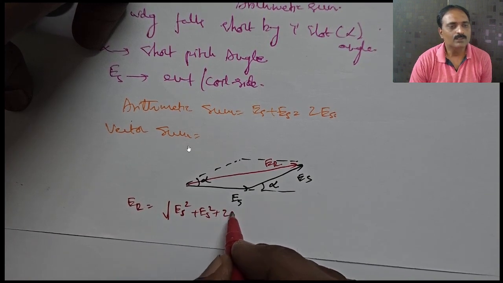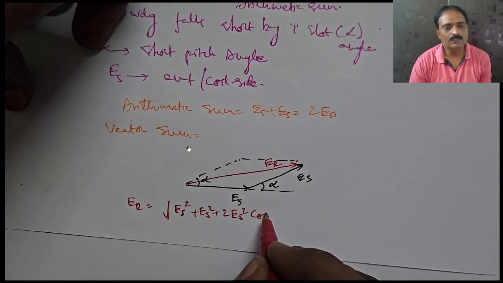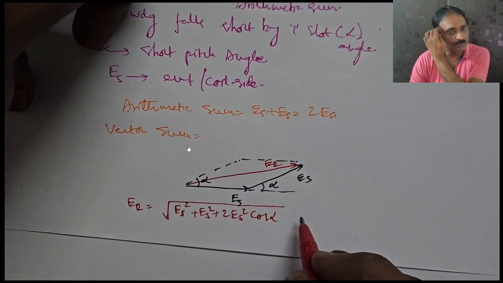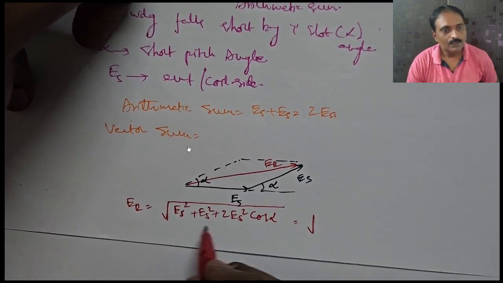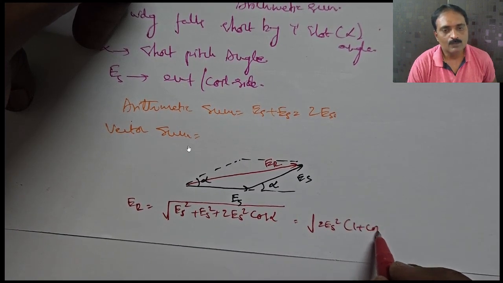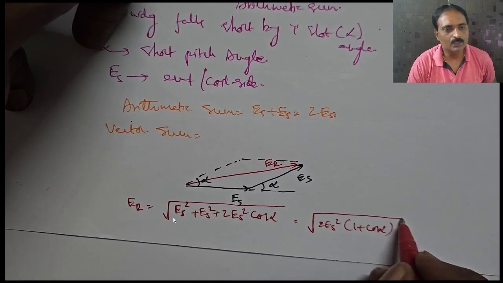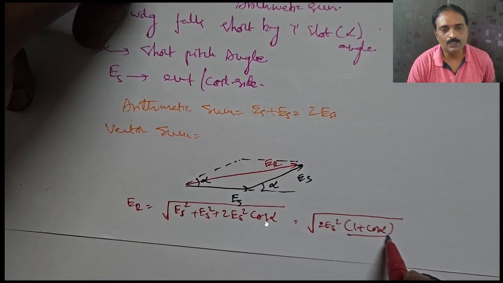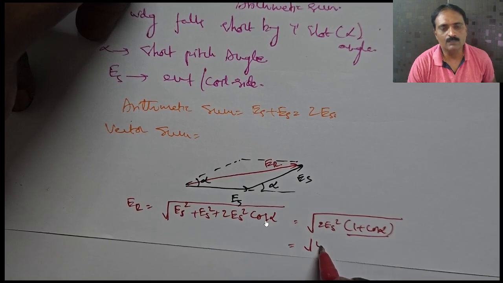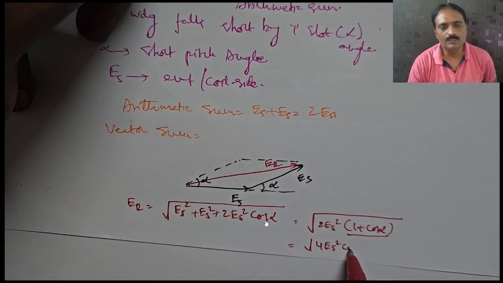Similarly here ER equals square root of ES square plus ES square plus 2ES square cos alpha. If you simplify this, taking 2ES square common, we get 2ES square into 1 plus cos alpha, and we know 1 plus cos alpha is 2 cos square alpha by 2, resulting in 4ES square cos square alpha by 2.